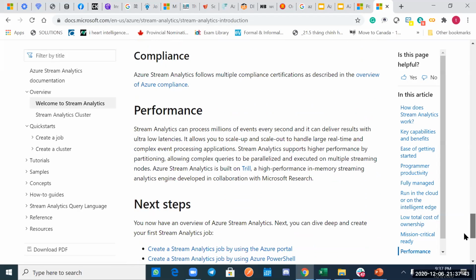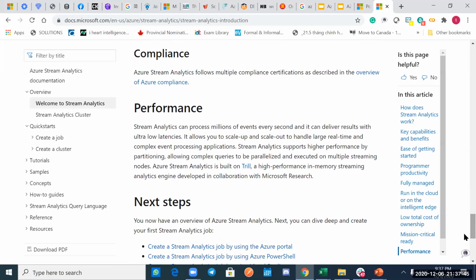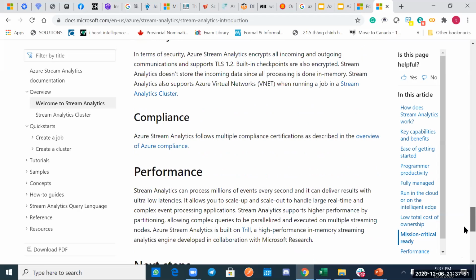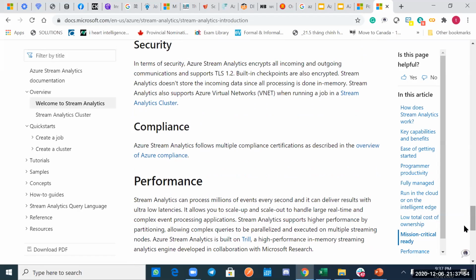So all of these are repeated information from other Polybase sessions before that. So just remember the benefits of Azure Stream Analytics: it's on cloud, so it's well integrated with other tools from Azure already.